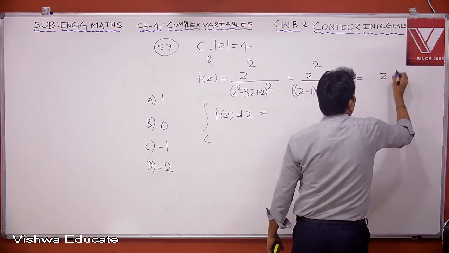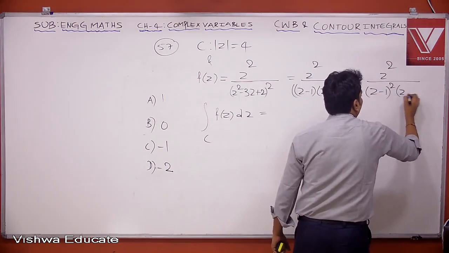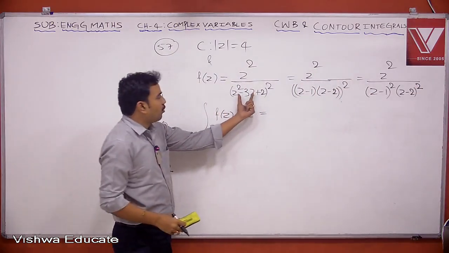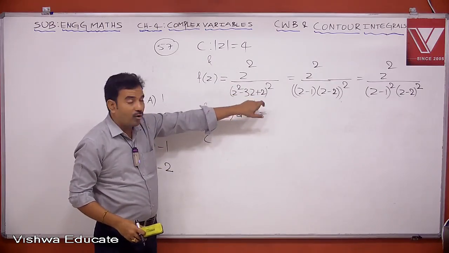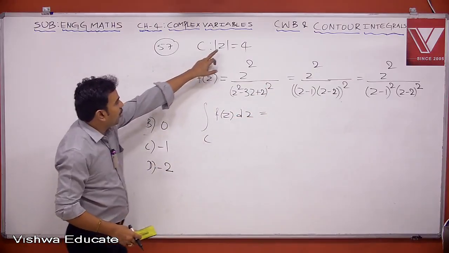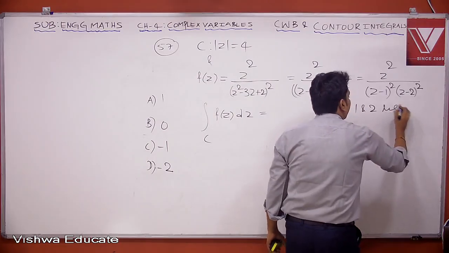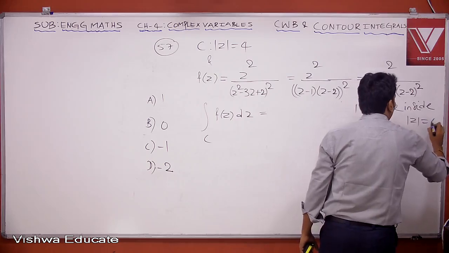So this is z square divided by (z minus 1) whole square into (z minus 2) whole square. So what are the poles of this function? 1 and 2. For this function 1 and 2 are poles of order 2, and both the points lie inside the circle mod z equal to 4.